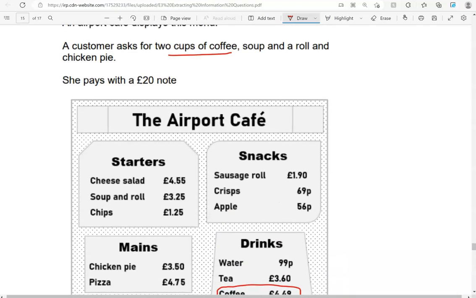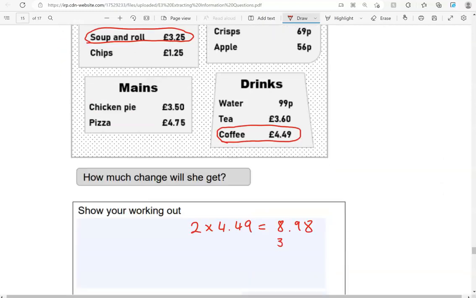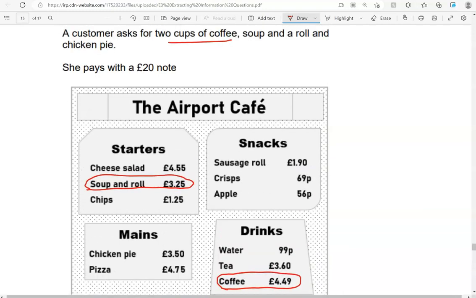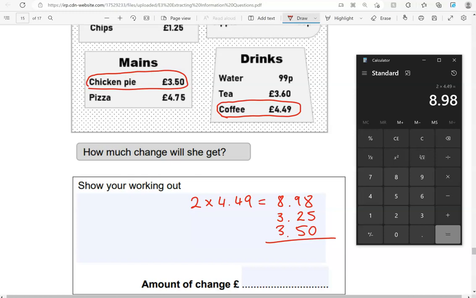Soup and roll, which is £3.25. And finally, chicken pie, which is £3.50. So adding these together gives us £15.73.